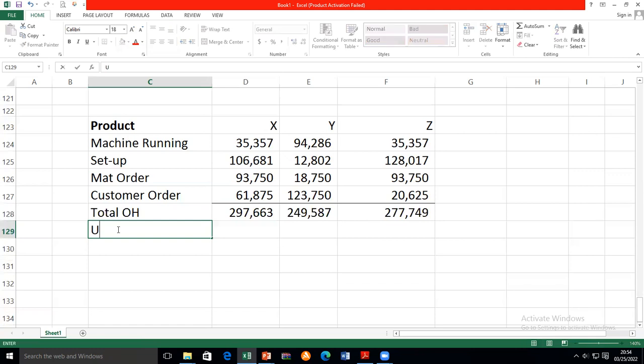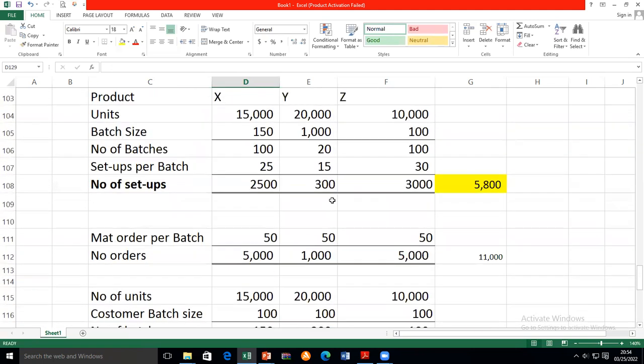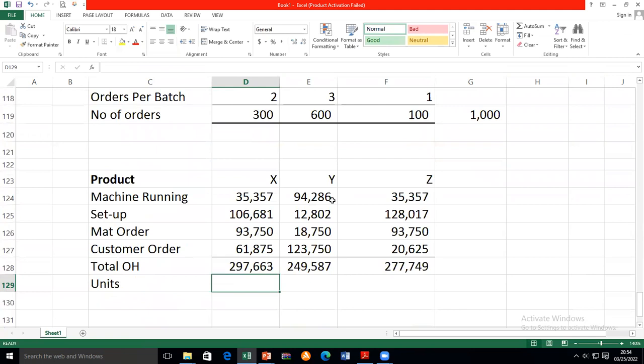What of the number of units? Number of units. 15, 20, and 10.